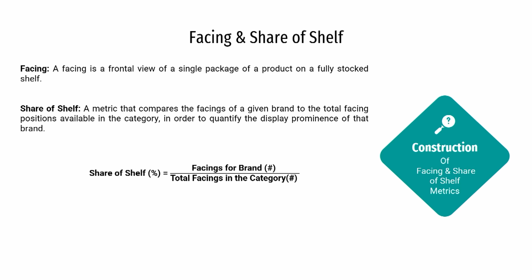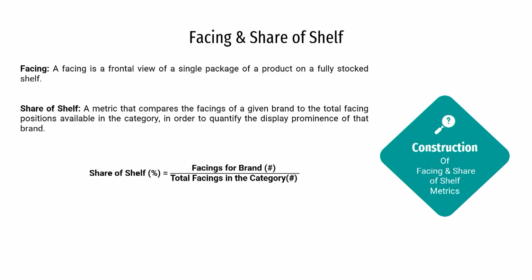So, share of shelf is something like the share of availability of your brand as compared to brands from the entire market. It is a metric that compares the facing of a given brand to the total facing positions available in the category, in order to quantify the display prominence of that particular brand.